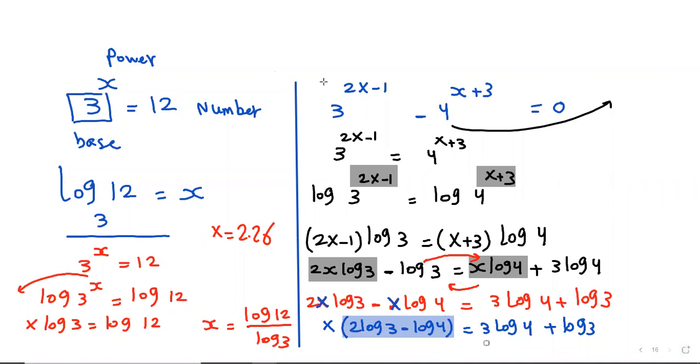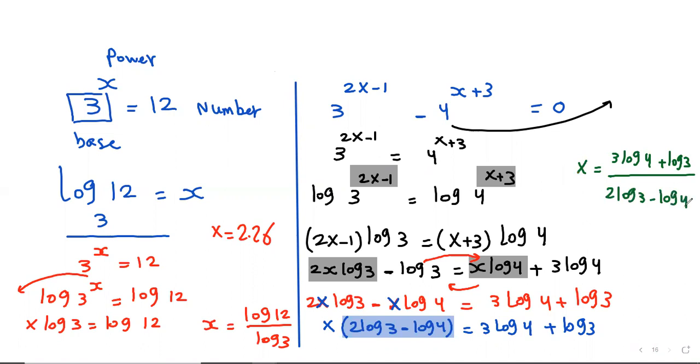So what is the value of x? Let's write it here, we don't have much area. x is going to be 3 log 4 plus log 3 over 2 log 3 minus log 4.